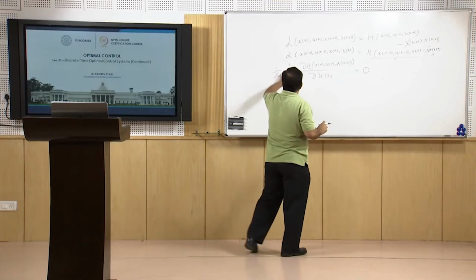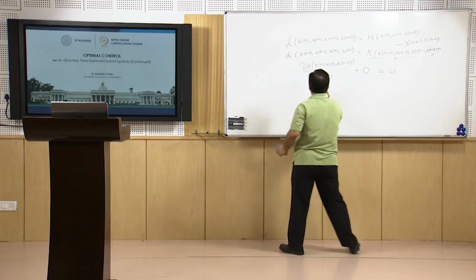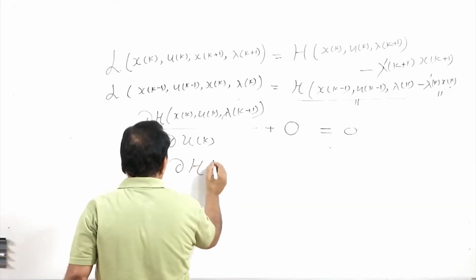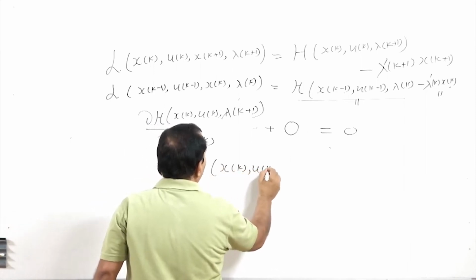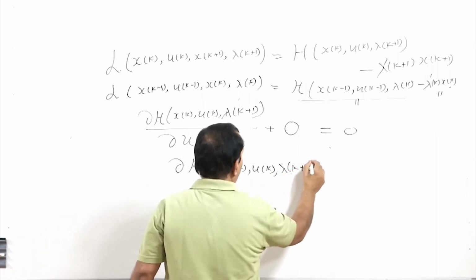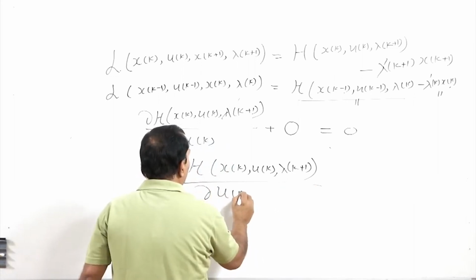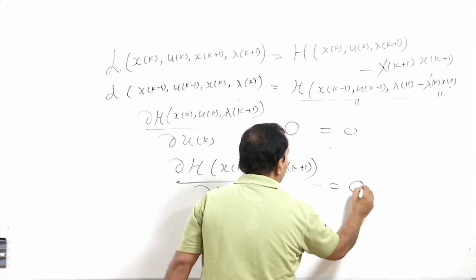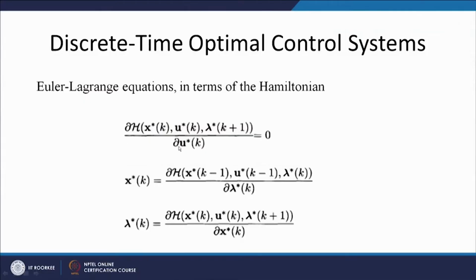So, this must be equal to 0. So, my equation will be nothing but del h with x k, u k, lambda k plus 1 by del u of k, that will be 0.